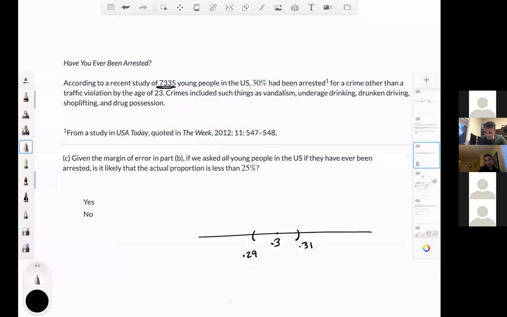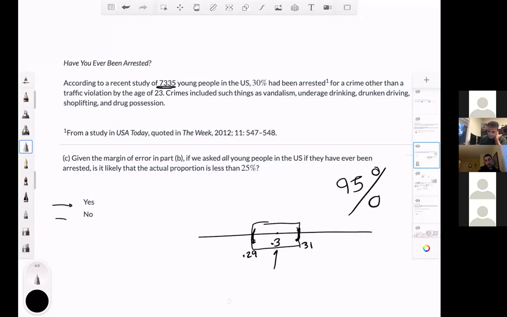So this is an interval, correct? We said we are 95% sure that the population will be between this interval. 0.3 was from the sample of 7,325. We applied the standard margin of error, we got the interval. And we said 95% sure the population is gonna be there. So now, is that yes or no?